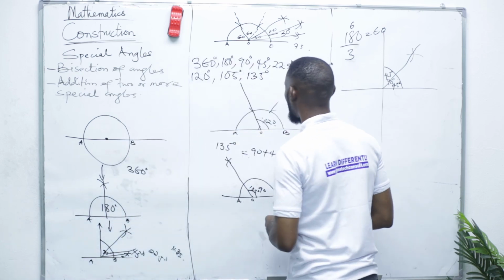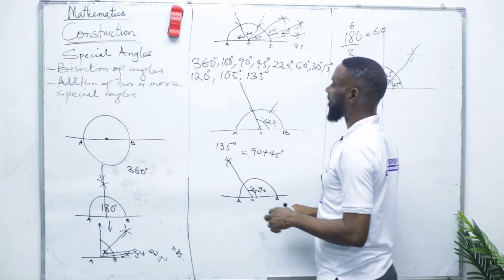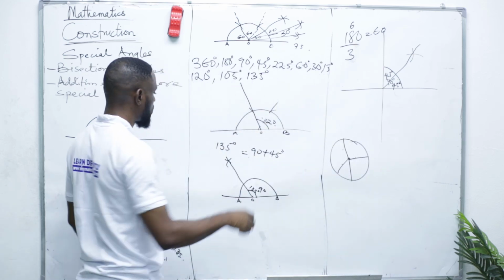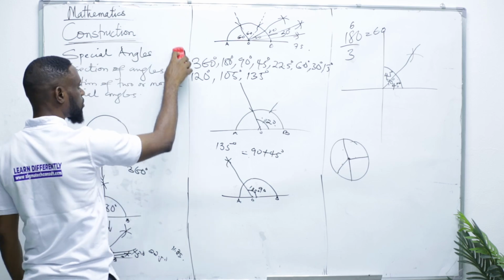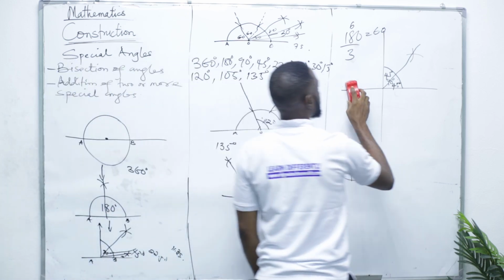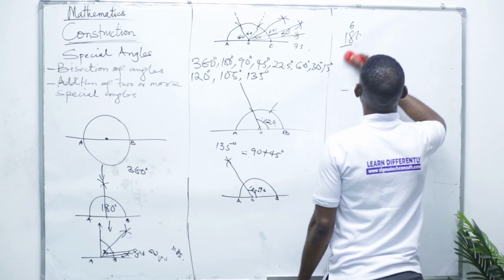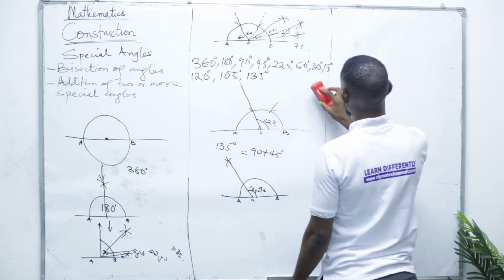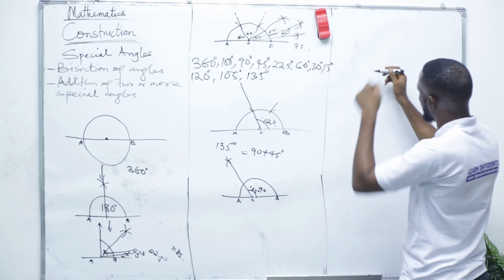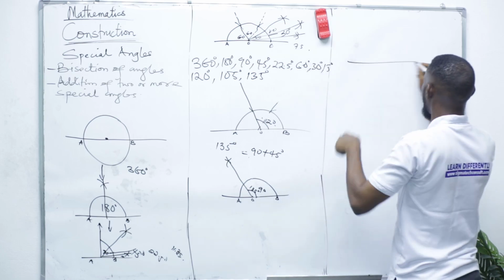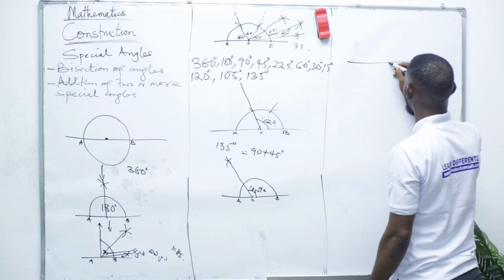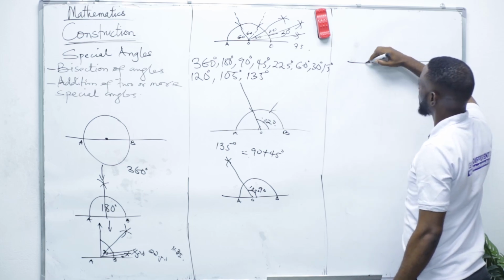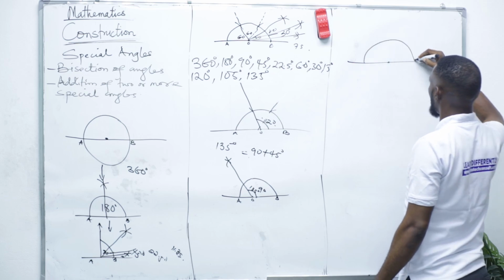So for 105, if we have our arc and we have our center point where we put our compass pin, then draw.